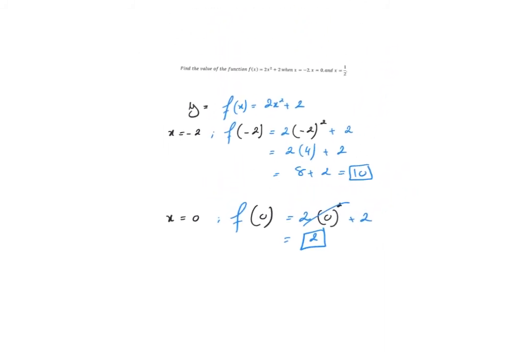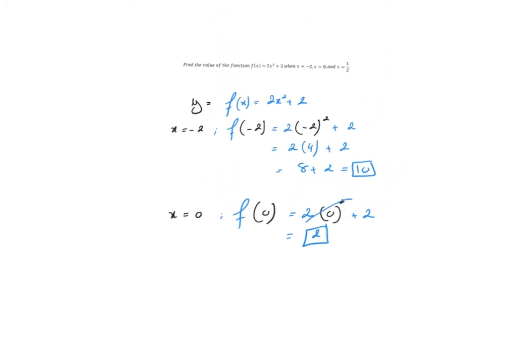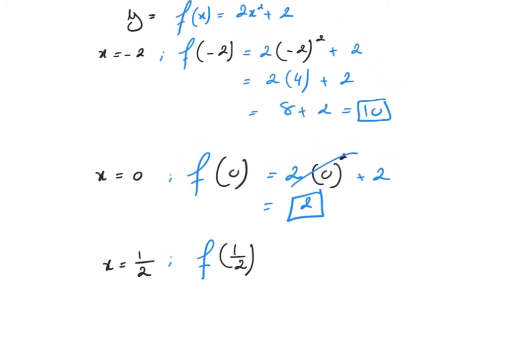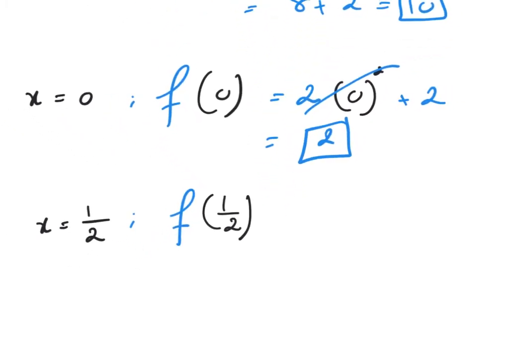Right, so the next one here, we have x equals 1 over 2. So we're going to substitute x by 1 over 2. And we have the function here, we have 2x squared.